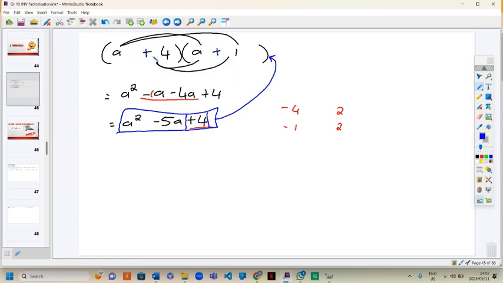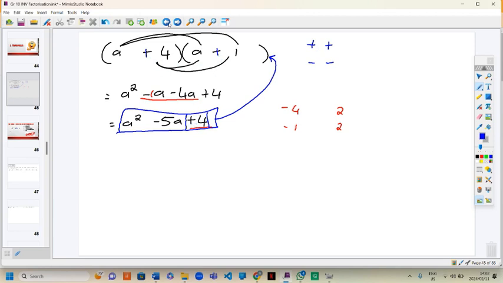So the two possible outcomes for the signs of the brackets are either plus and plus, or minus and minus. A positive times a positive gives me a positive, or a negative and a negative gives me a positive.